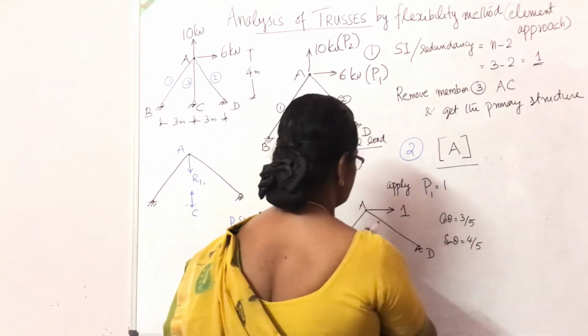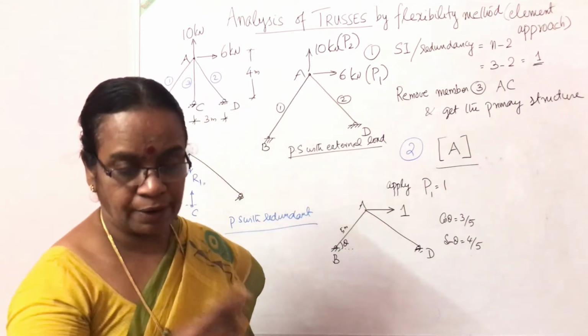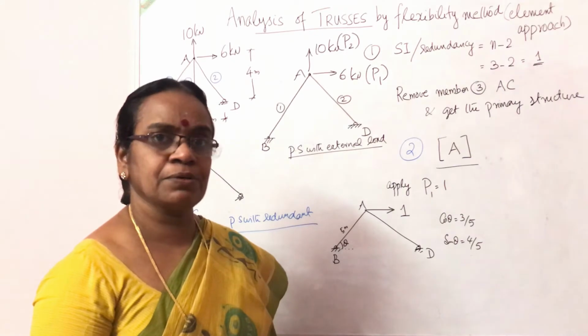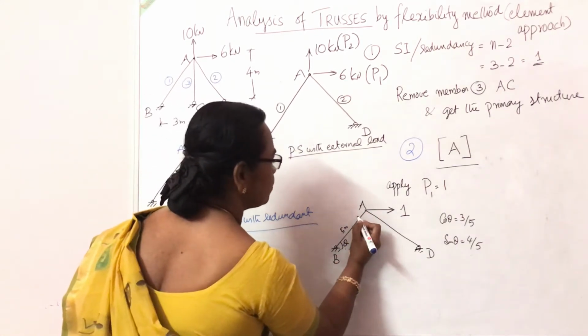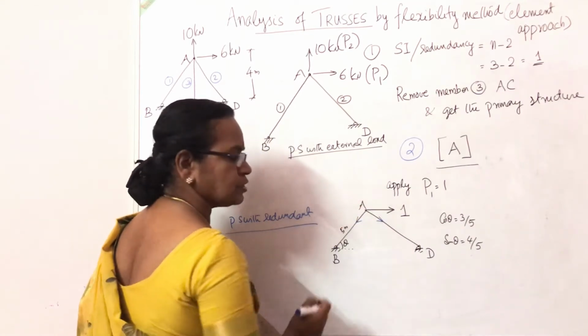To find the forces in members AB and AD, you have to go to the first semester statics, determination of forces in members. To start with, I will assume both these members are tension members. I will mark the arrow away from the joint.